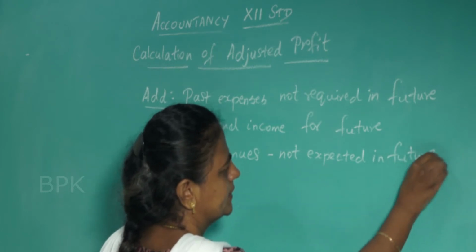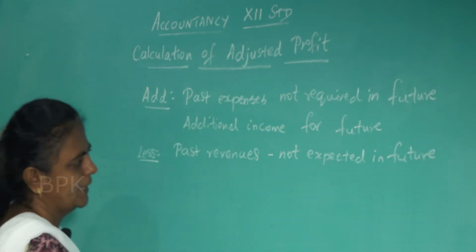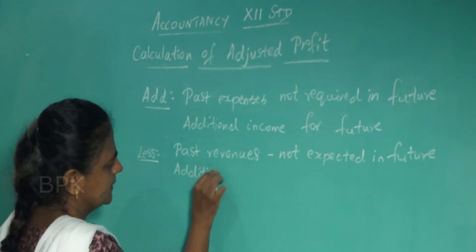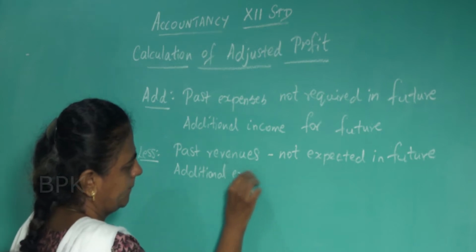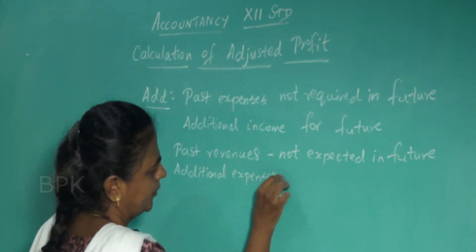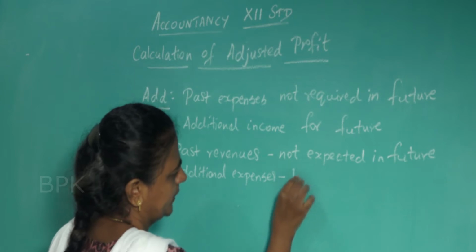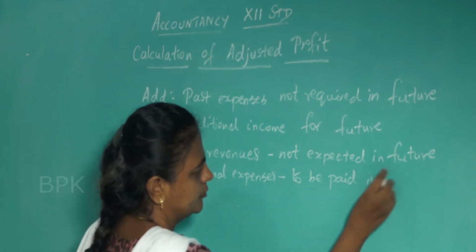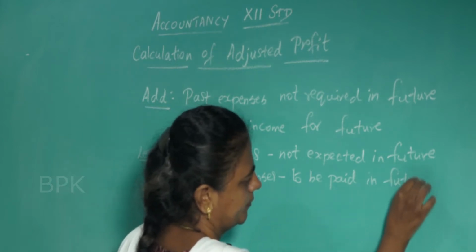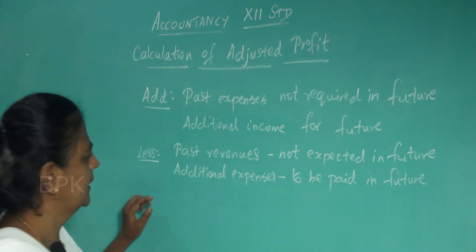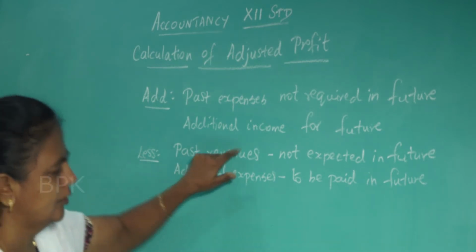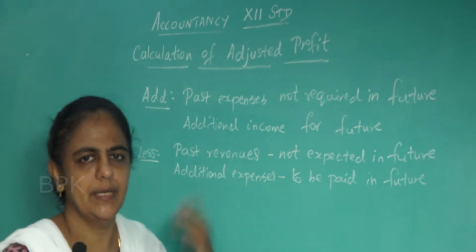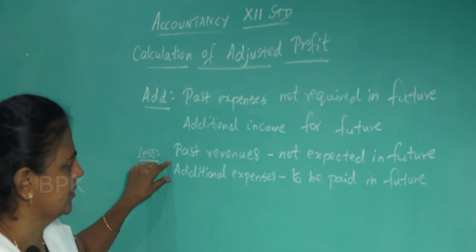You may not receive them in future, so they should be subtracted, and additional expenses to be paid in future. Is it clear? So, past revenues not expected in future, which may not come in future, and additional expenses which we have to pay in future. These two you have to subtract.